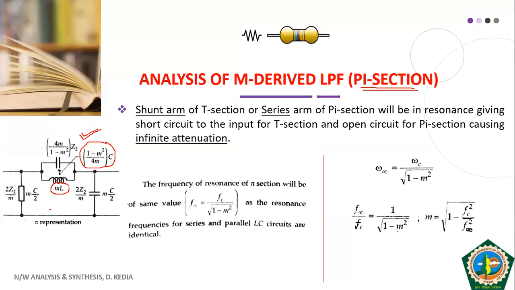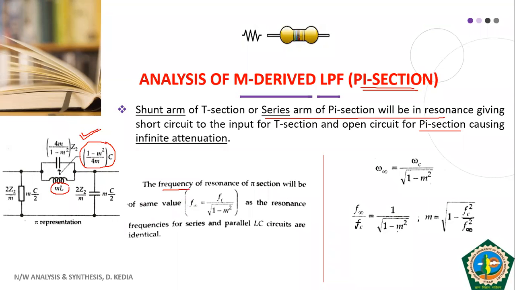Okay, so here this series arm will be in resonance. In the pi section, the series arm will be in resonance. And remember one thing, if you again apply that resonant formula to these two values, you will get the same resonant frequency.